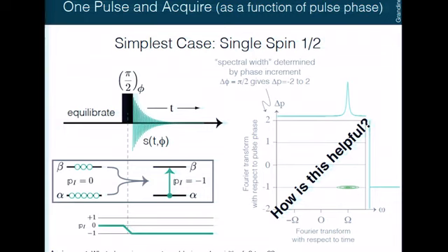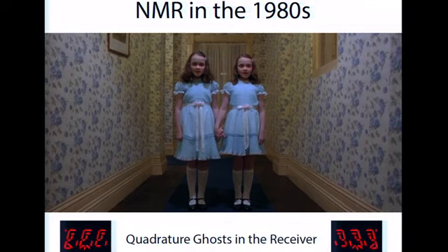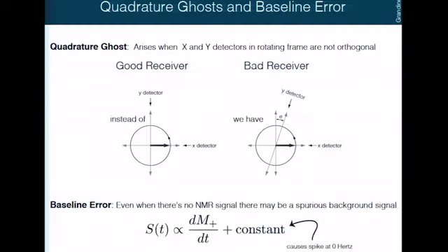All right, so let me just take you back a bit. When I was a kid doing NMR, when we sat down at the spectrometer, we took a spectrum, we didn't just get the spectrum of where the resonances were, we actually got ghosts in our spectra. Back in the 80s, we didn't have receivers that were as good as they are today. So you wouldn't know about this, but there are many of us in the room that remember this.